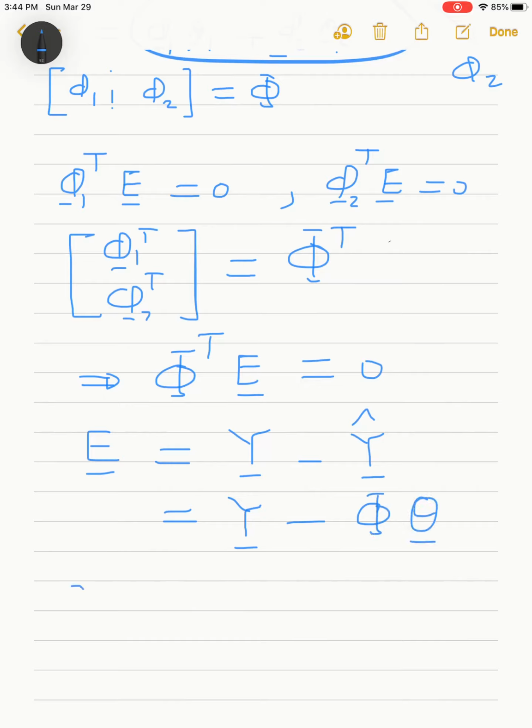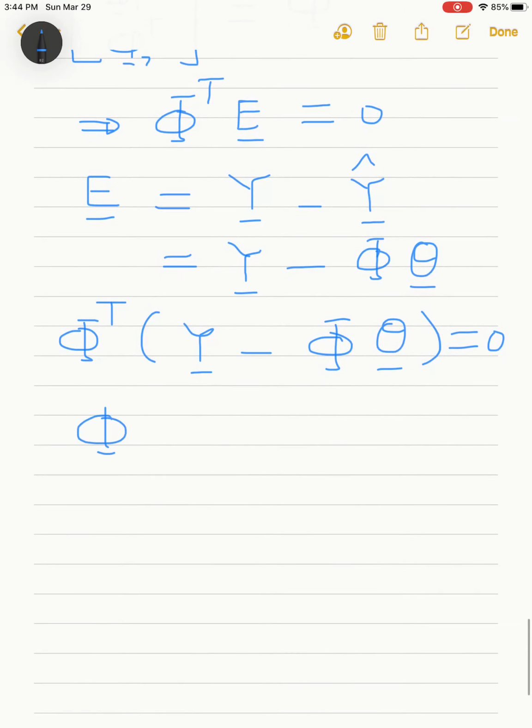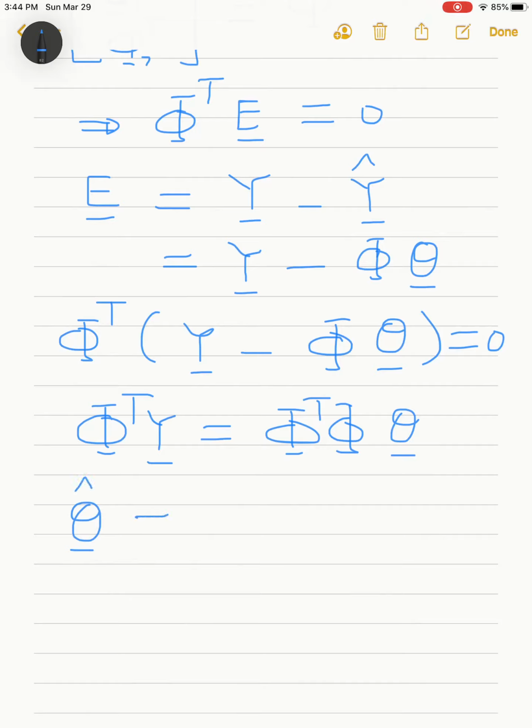So that means I should have phi transpose times (y minus phi theta) equal to 0, and that will lead to phi transpose y equals phi transpose phi theta. So the least square estimate theta would be just phi transpose phi inverse times phi transpose y.